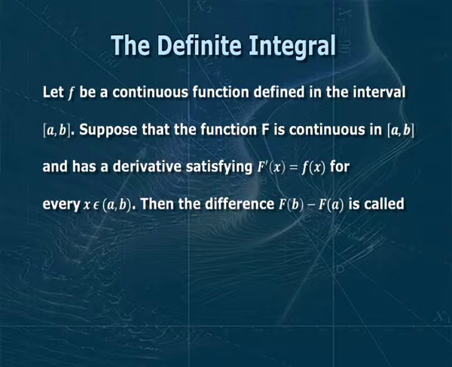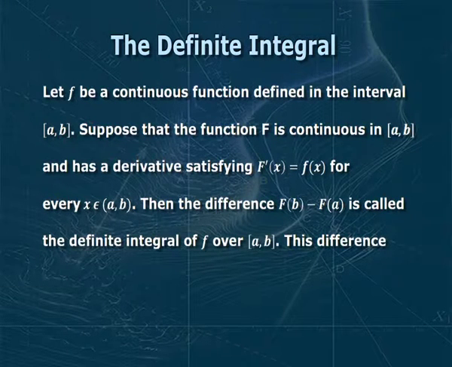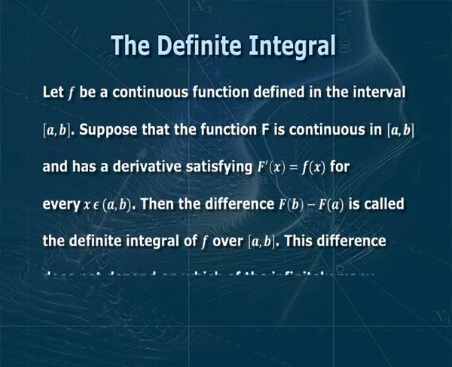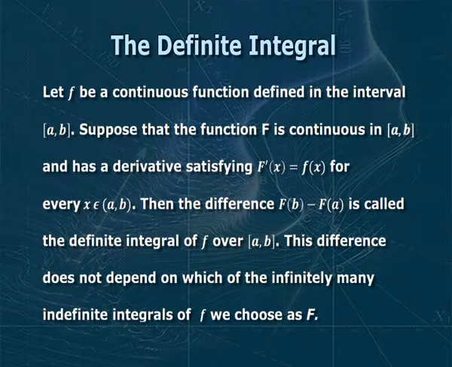Then the difference capital F b minus capital F a is called the definite integral of f over a, b. This difference does not depend on which of the infinitely many indefinite integrals of f we choose as the capital F.